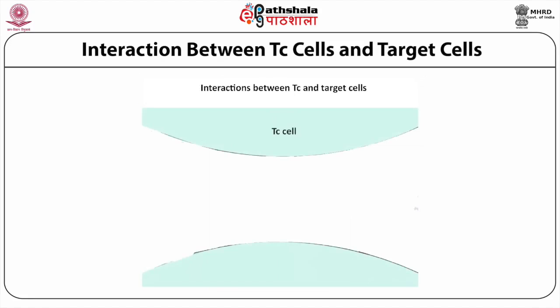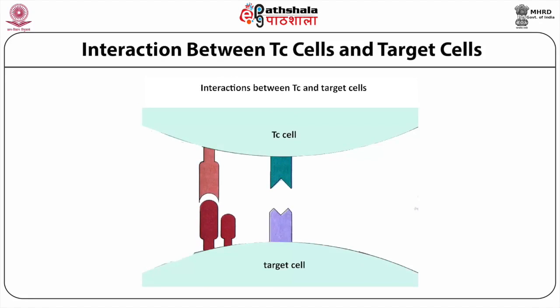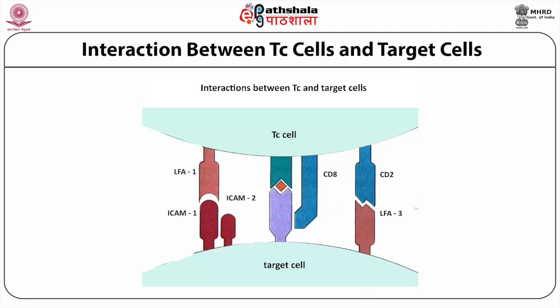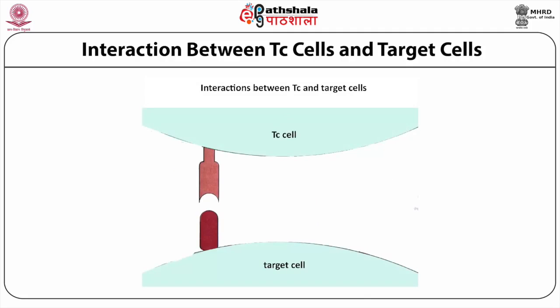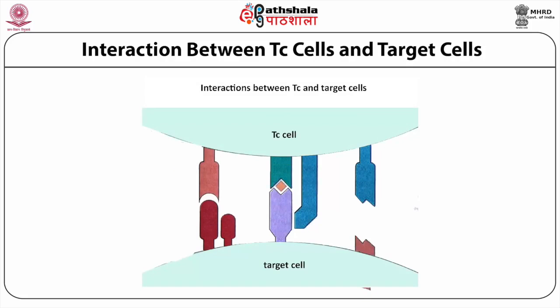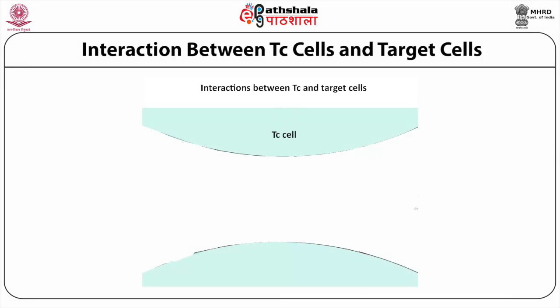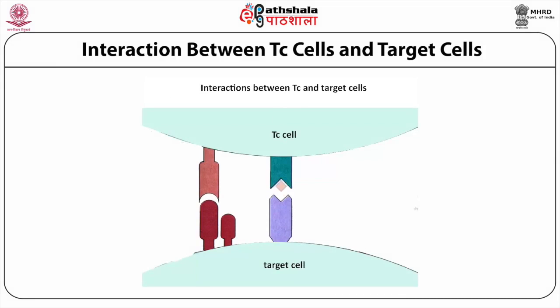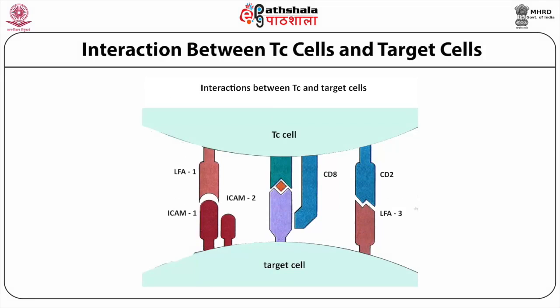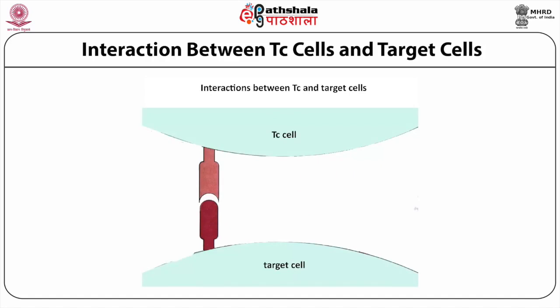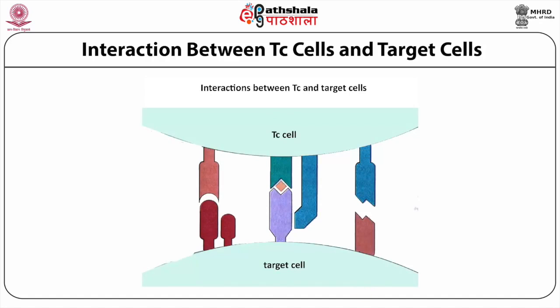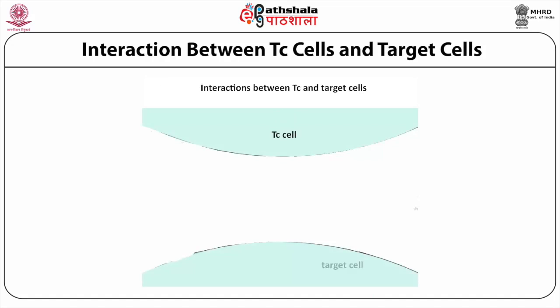Let us look at the interaction between Tc cells and target cells. Tc cells have a very complex interaction with the target cells. It involves multiple linkages which firm up the binding between the two cells. This action is called antibody independent cell mediated cytotoxicity. To distinguish it from ADCC, it should however be very clear that Tc needs to see the antigen on the surface of infected cells.